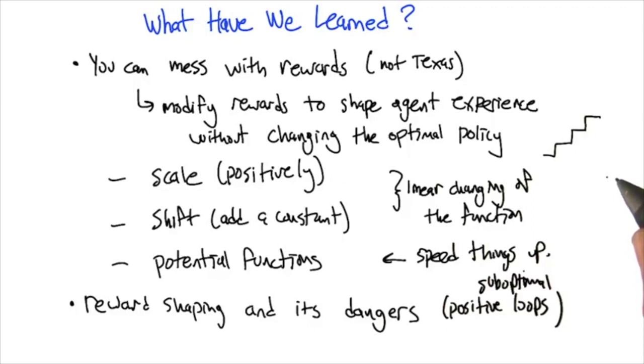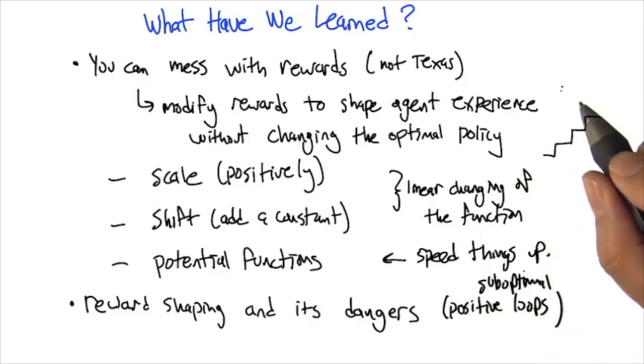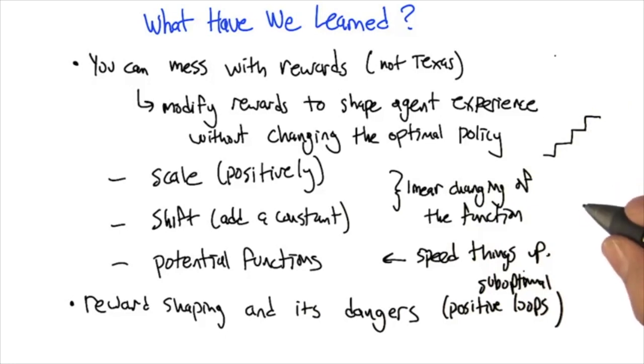Must be some that have no impact on the speed of learning. In some sense, all we showed is that potential functions don't prevent you from finding the right answer, but presumably you could come up with a potential function that actually hurts. Yes. Right, that it could lengthen the amount of time before good behavior is learned.